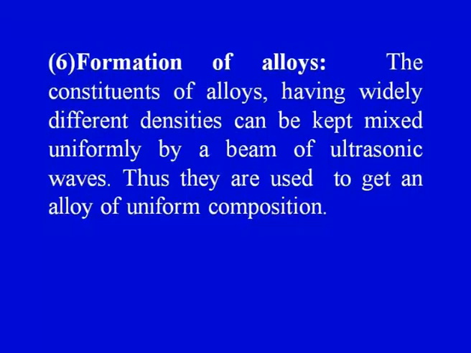Number 6, that is a metallurgical application, formation of alloys. The constituents of alloys having widely different densities can be kept mixed uniformly by a beam of ultrasonic waves. Thus, they are used to get an alloy of uniform composition.